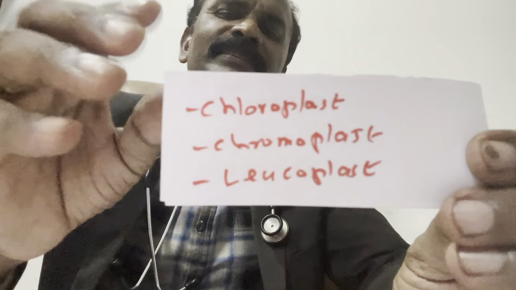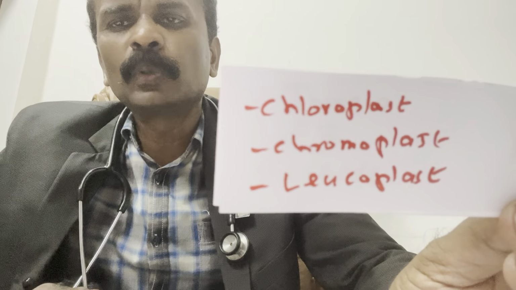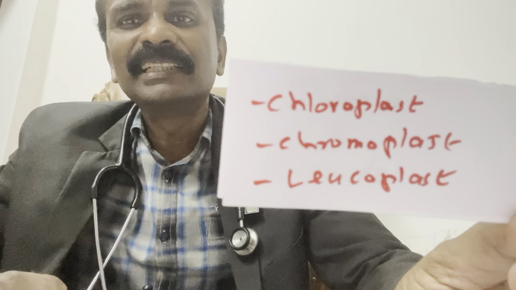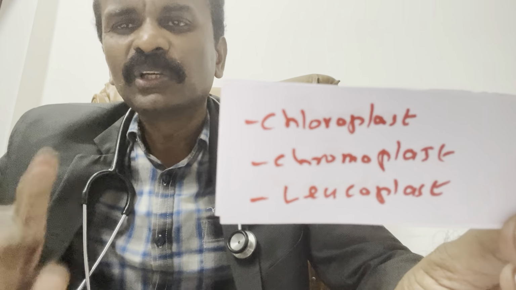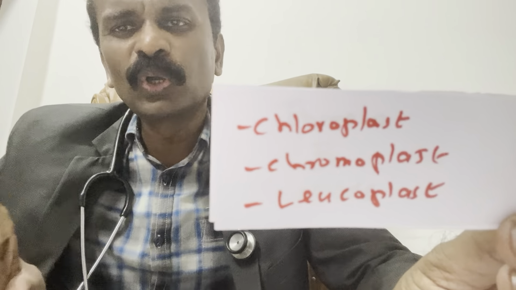What are the plastids? Chloroplast, chromoplast, and leucoplast. You must know these 3 are plastids. Suddenly they will ask whether leucoplast is a plastid. See the spelling? Leucoplast, chromoplast, chloroplast are the 3 examples of plastids.